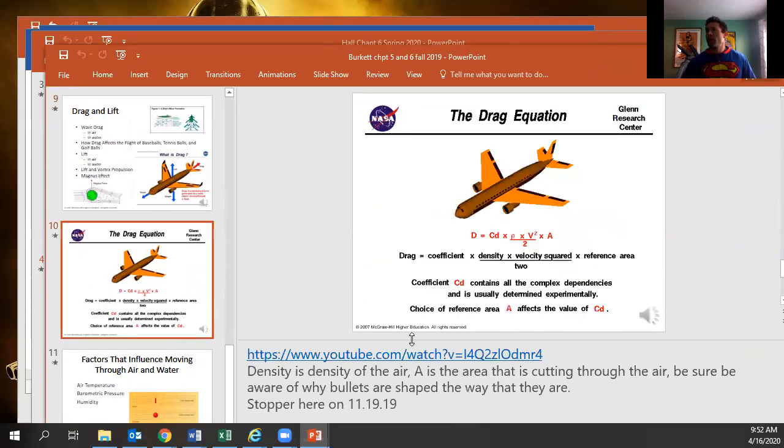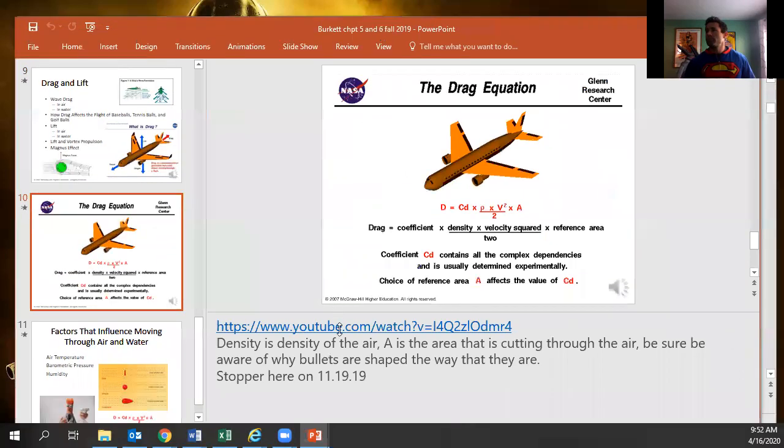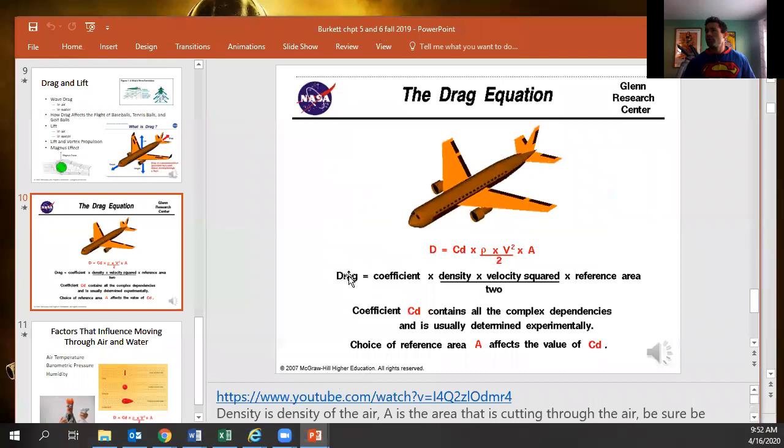So if you look at this drag equation, drag increases by a factor of 1. Okay? If we're talking about an object that's moving, the coefficient's not changing, the density's not changing, and the reference area is probably also not changing.